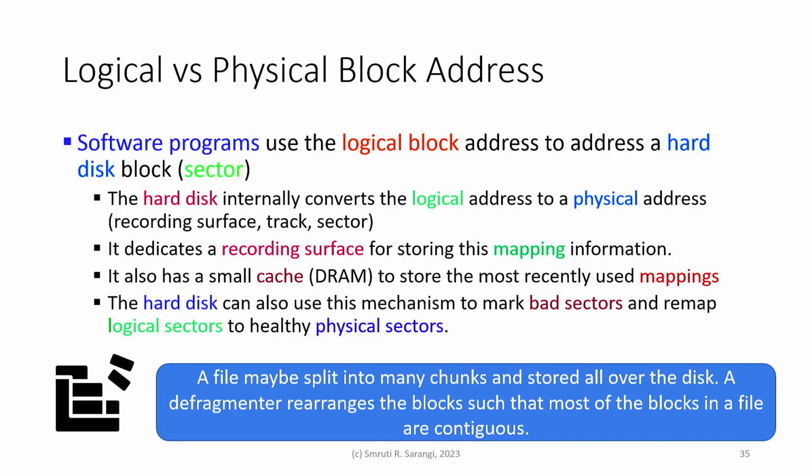Here again, like flash, we have a logical address and a physical block address that again is needed, along with the usual paraphernalia of a DRAM cache and a mapping table. The hard disk would internally convert the logical address to a physical address. Physical address in this case would mean which recording surface, which track, which sector.